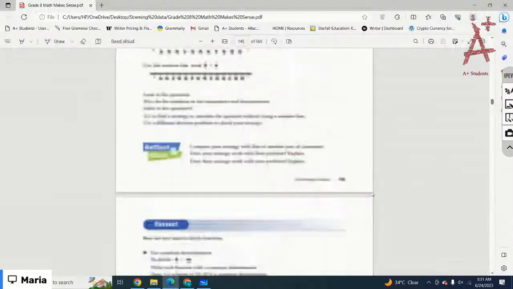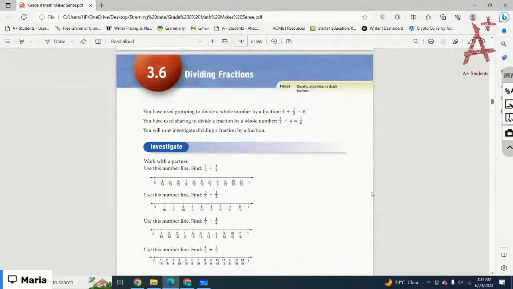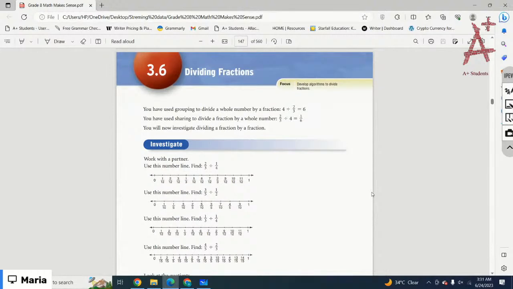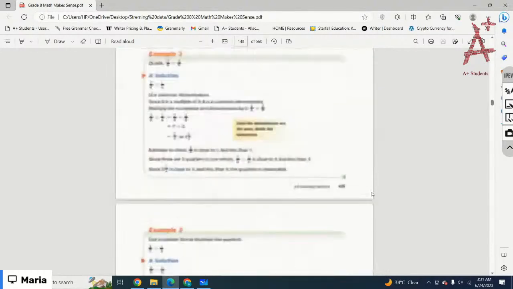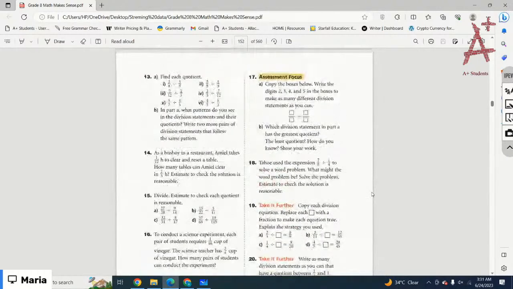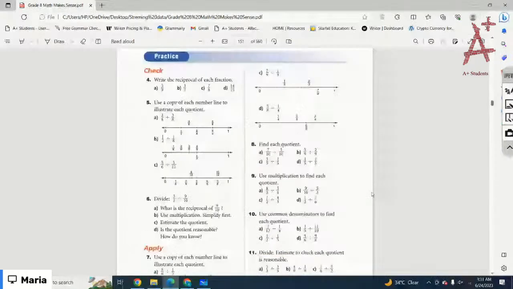Okay, let's start with the next lesson, that is dividing fractions. Find the reciprocal of each fraction. So what is the reciprocal of a fraction? You just have to interchange the numerator and denominator. Got it?